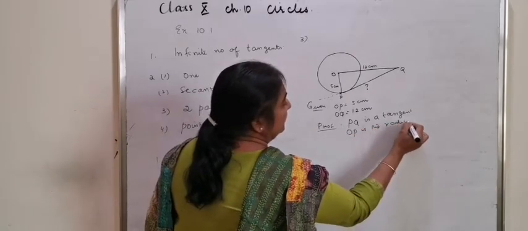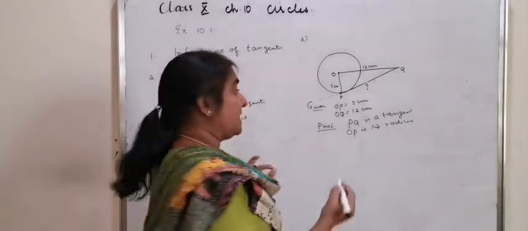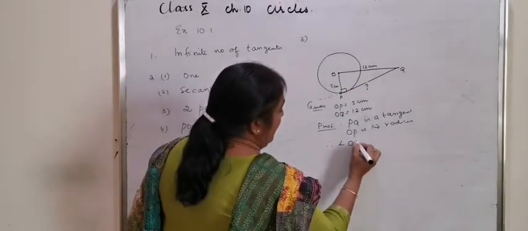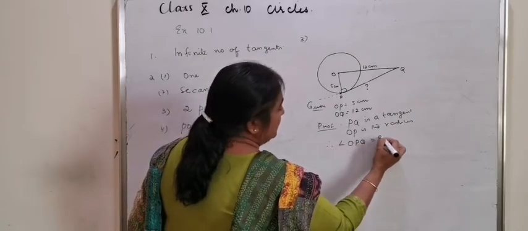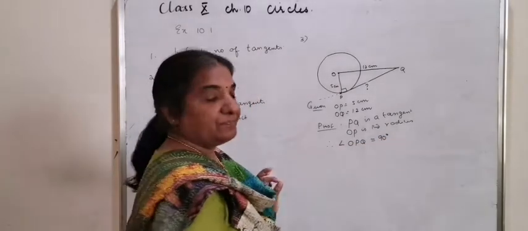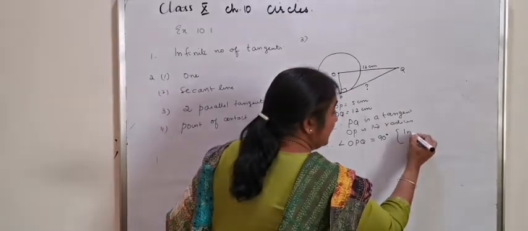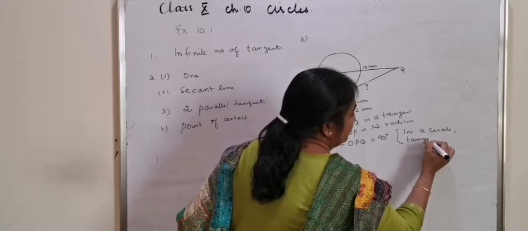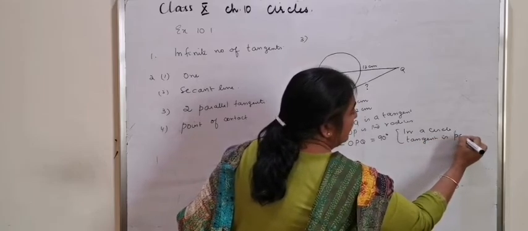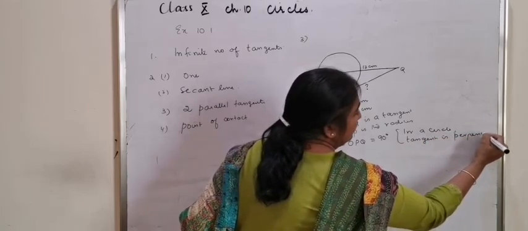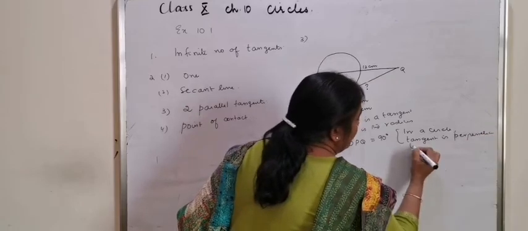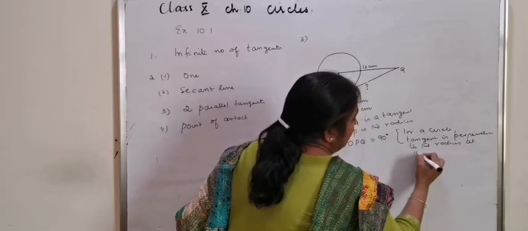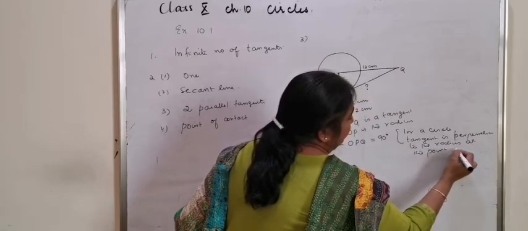OP is the radius. What can you say about angle OPQ? Therefore, angle OPQ is equal to 90 degrees, because what is the reason? In a circle, the tangent is perpendicular to the radius at the point of contact.